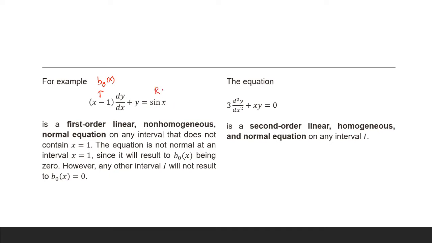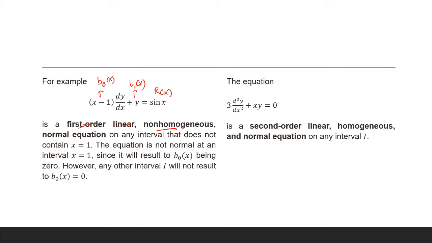Ito naman yung ating r of x. And then yung 1 dito, that is our b sub 1 of x. Now, this is a first order linear non-homogeneous differential equation. Bakit? Ang dali nating malaman, kasi na-discuss na natin.